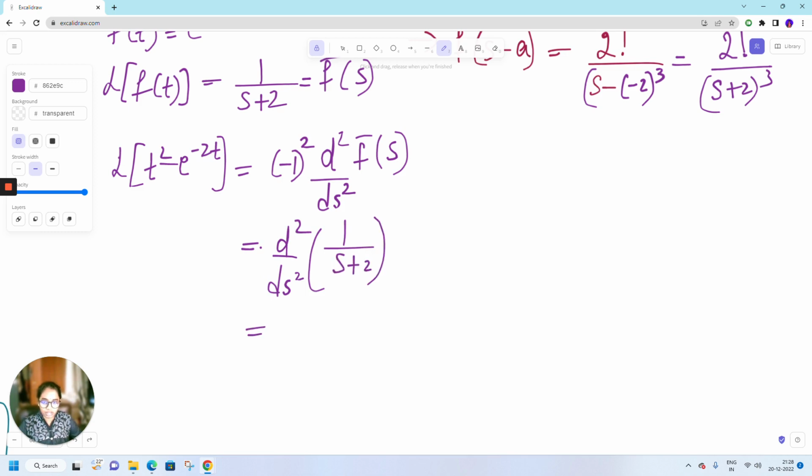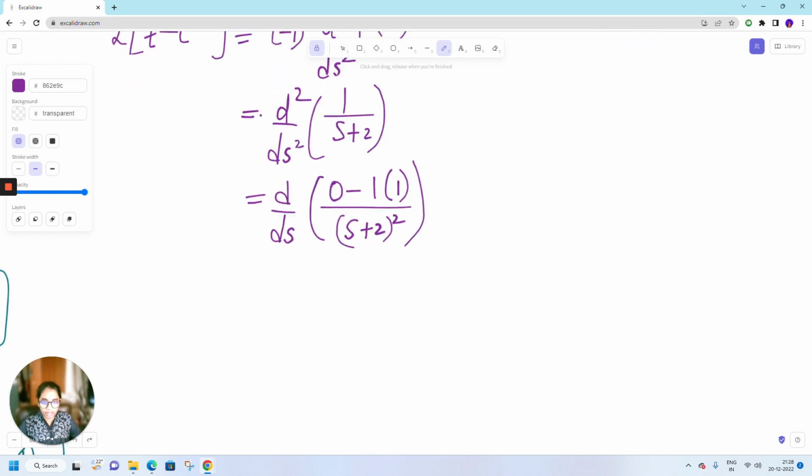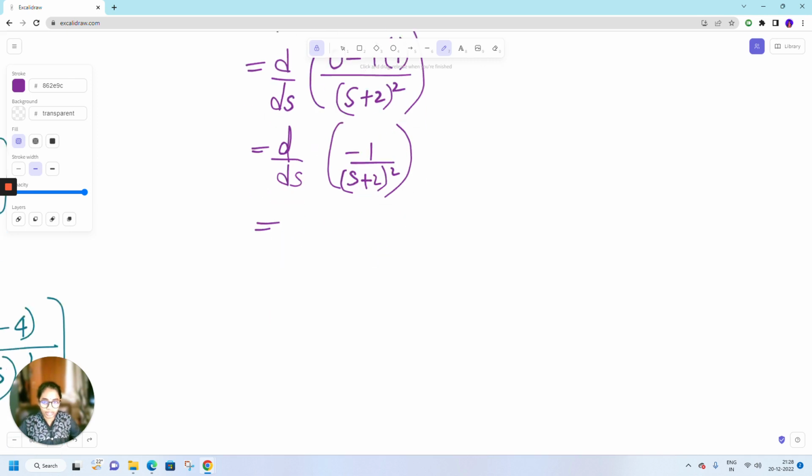What is the differentiation now? The first derivative is differentiation of, in the numerator I have a constant, so I'll directly write it as 0 minus, keep 1 as it is, and differentiation of the denominator is again 1 divided by s plus 2 the whole square. That is nothing but minus 1 divided by s plus 2 the whole square. Now again, if I differentiate, what will I get?